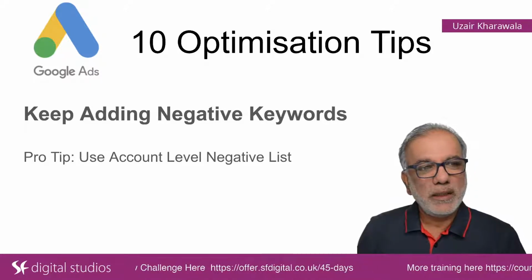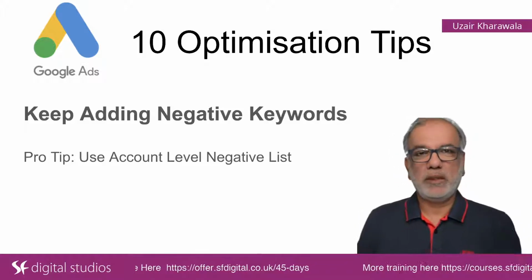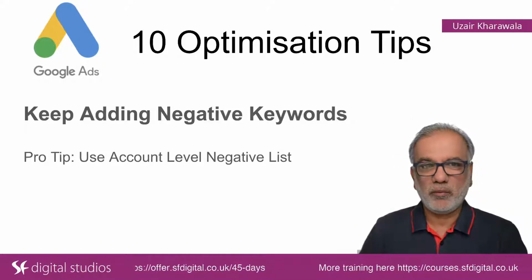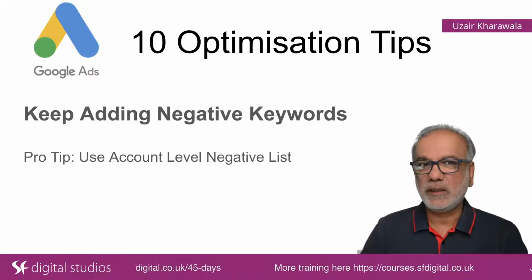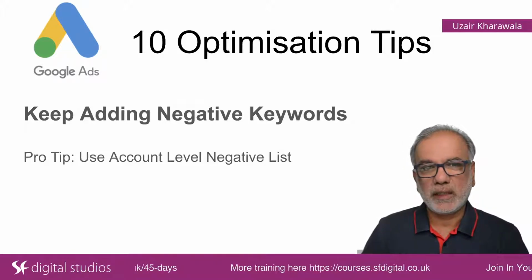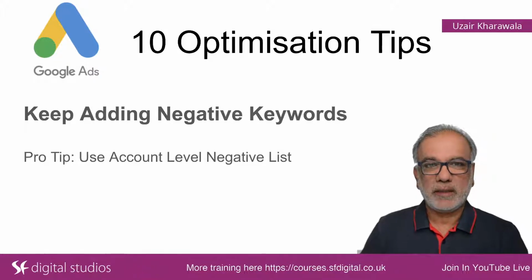The next one is to keep on adding negative keywords, and the way I've always said before is to create an account level negative keyword list, and you keep adding those keywords to that list.